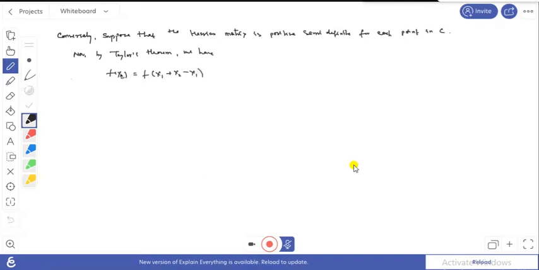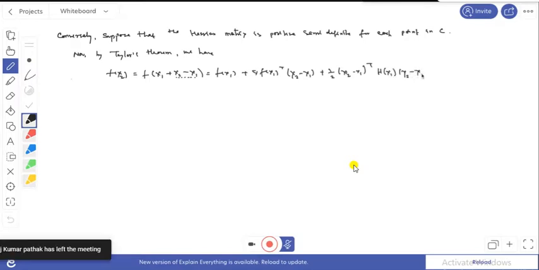Okay, so f(x2) is written down as x1 plus this term, and that expansion around f(x1) becomes f(x1) plus gradient of f(x1) transpose (x2 minus x1) plus, since this is twice differentiable, we take only the second order term. This becomes (x2 minus x1) transpose H of x1, and that is (x2 minus x1).